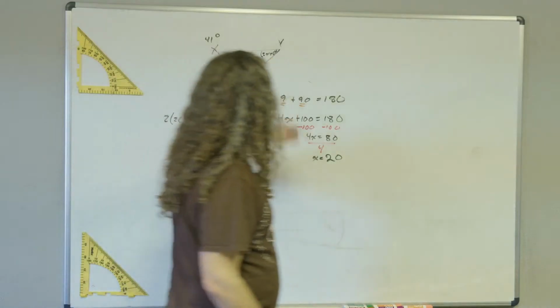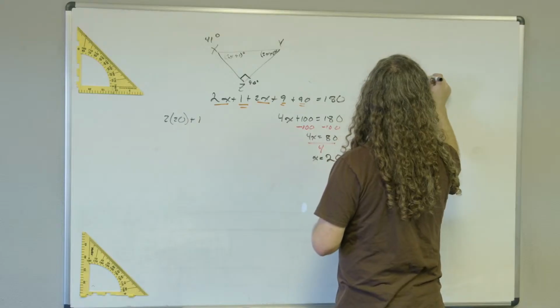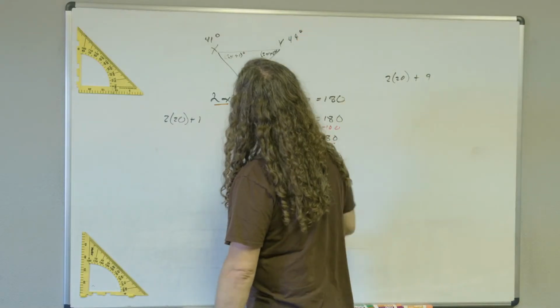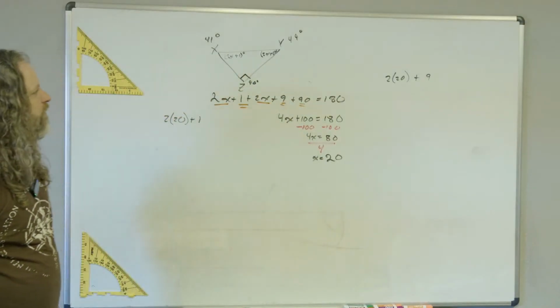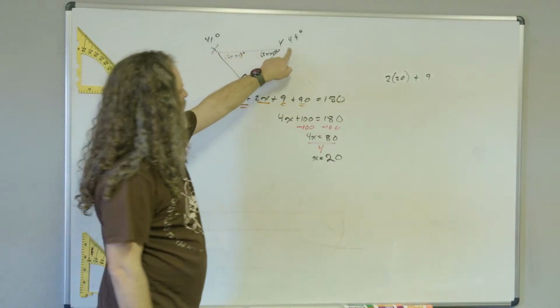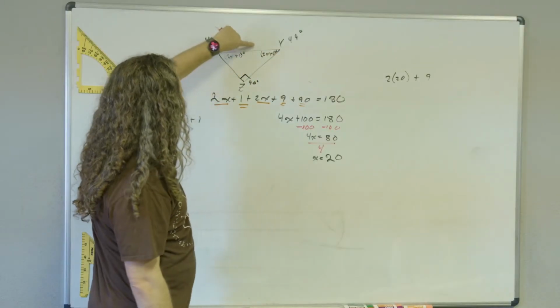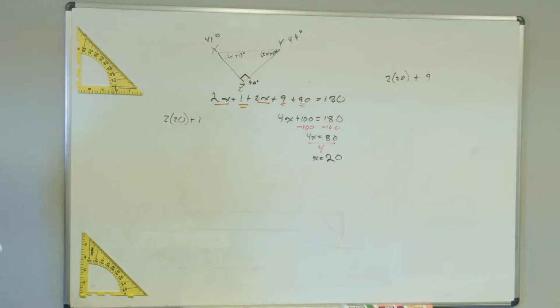Substitute it up over here. 2 times 20 plus 9, so 49 degrees. You could also just add these and subtract from 180. That would also work, right? So that's the smallest angle, then that one, then that one, which means this side, then this side, then this side, right? Easy peasy. Any other questions?